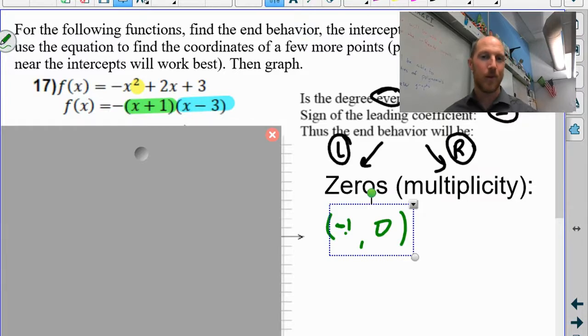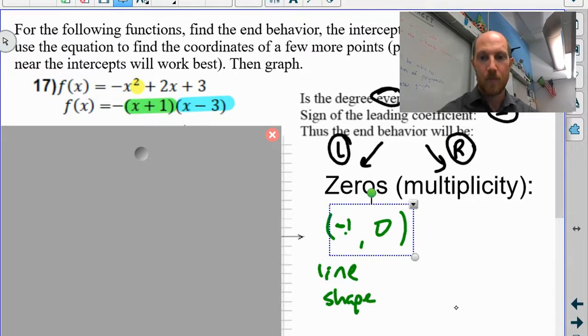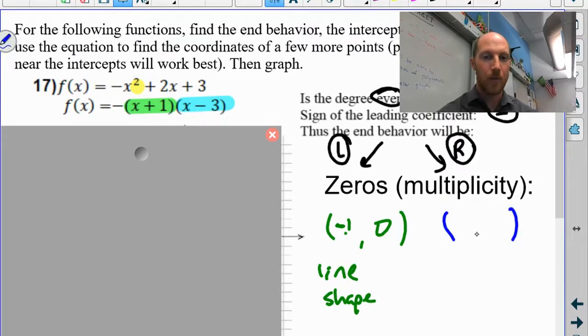And the shape of the graph there, since that has a multiplicity of 1 on that factor, it's going to make a line shape. And then let's look at the blue one. The blue factor will give us an intercept at coordinates 3, 0. And since that also has a multiplicity of 1, we'll get a line shape.